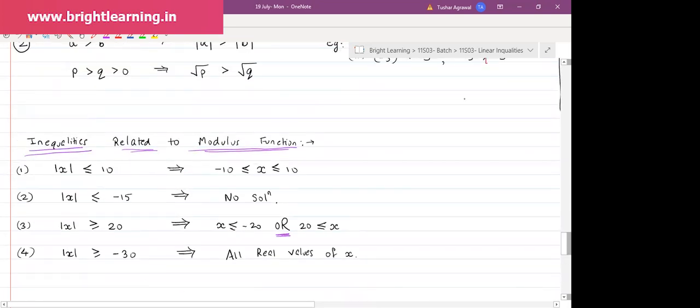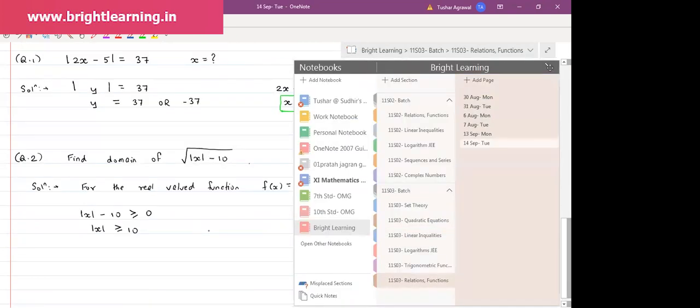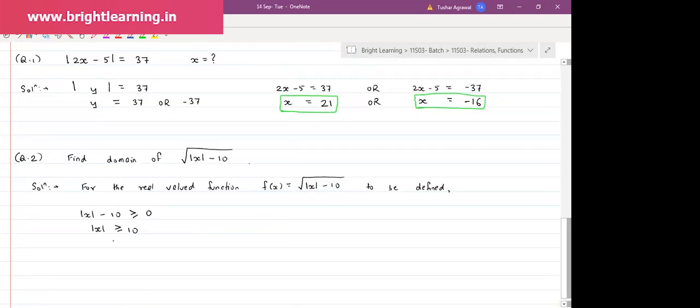From there you will get that modulus of x should be greater than or equal to 10. So x is either to the right side of 10 or to the left side of negative 10. If it is to the left of negative 10 also, the magnitude is greater than 10.